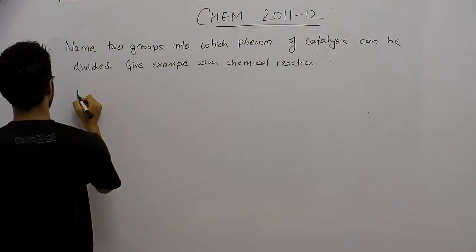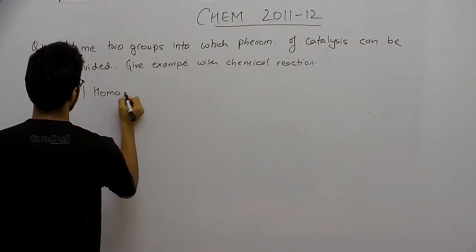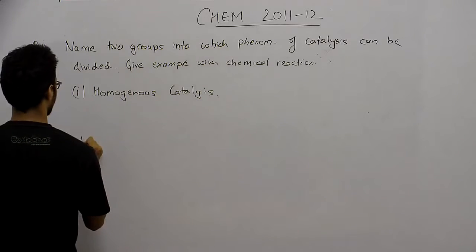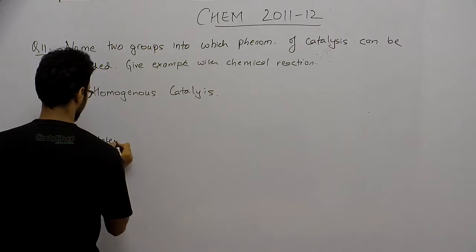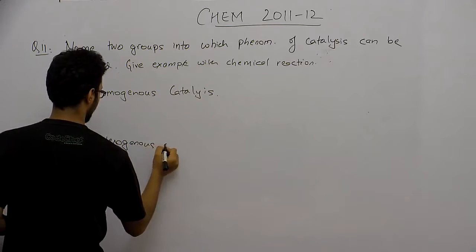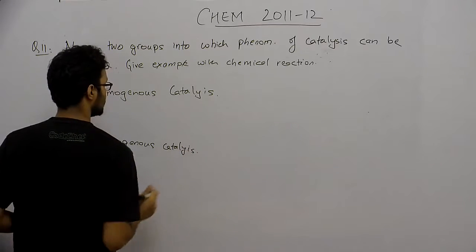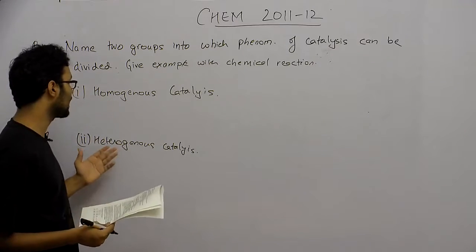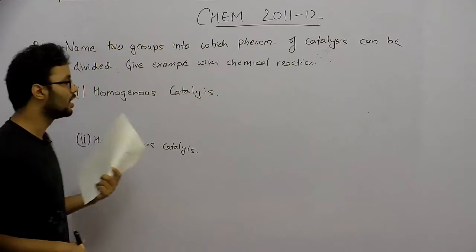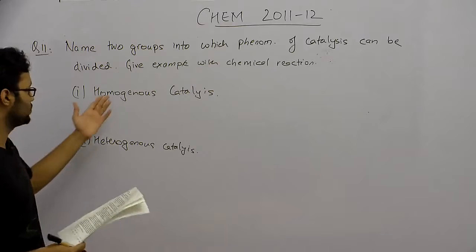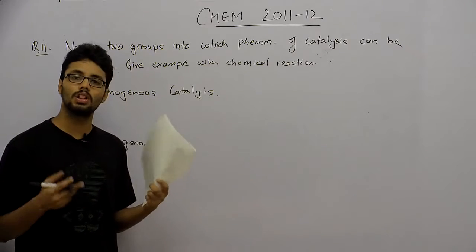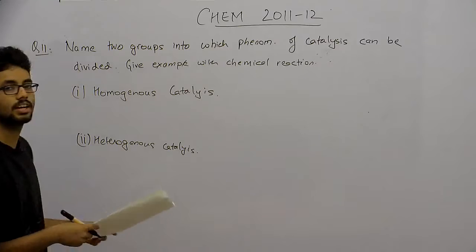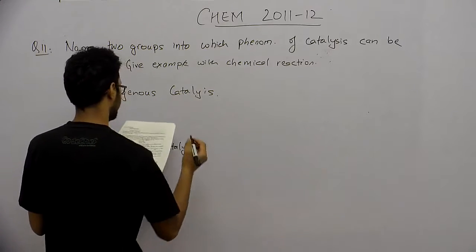So the two groups are homogeneous catalysis and heterogeneous catalysis, and it is obvious from the name that homogeneous catalysis is where all the components of the reaction, all the reactants, are in the same state, and in heterogeneous they are not in the same state. So we will see the examples.